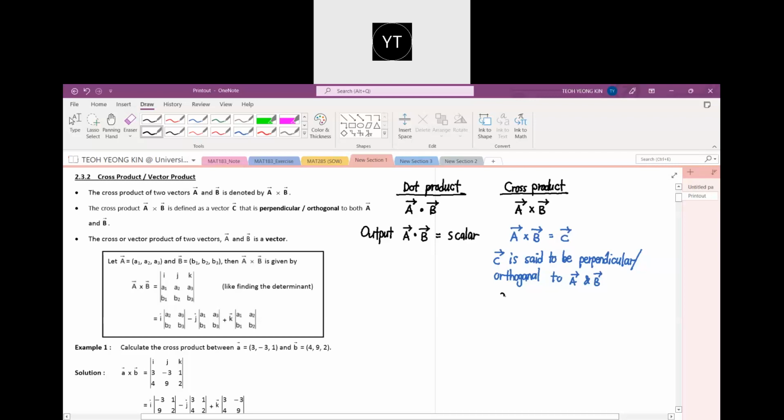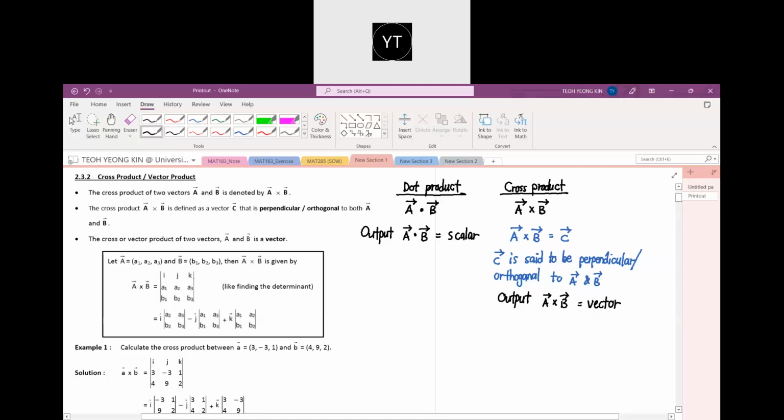Maksudnya jika kita cari dot product hari itu, dia punya output dia adalah skalar. Maksudnya dia adalah nilai, satu nilai. Tetapi untuk cross product, output dia adalah vector.